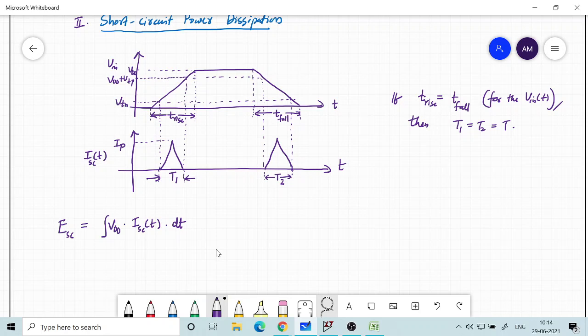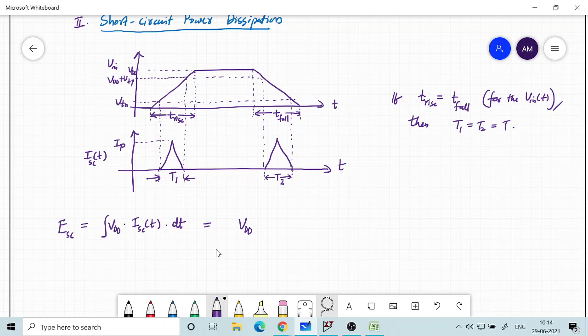So there will be one rise of the input voltage and one fall of the input voltage. Now this VDD is a constant, so I can take it outside. Now what is this current?